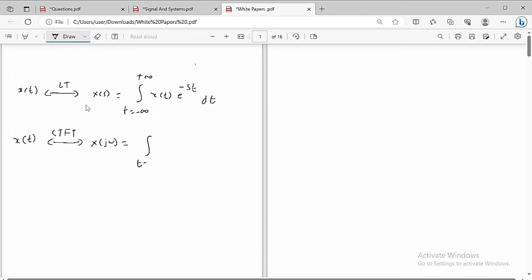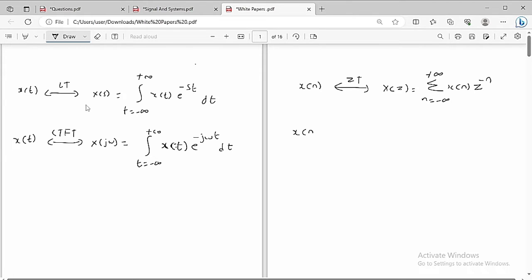Then you are going to get the integration from t equal to minus infinity to plus infinity of x of t into e to the power of minus j omega t into dt. For the discrete time case, for x of n, what is the z transform? X of z is equal to the sum from n equal to minus infinity to plus infinity of x of n into z to the power of minus n.